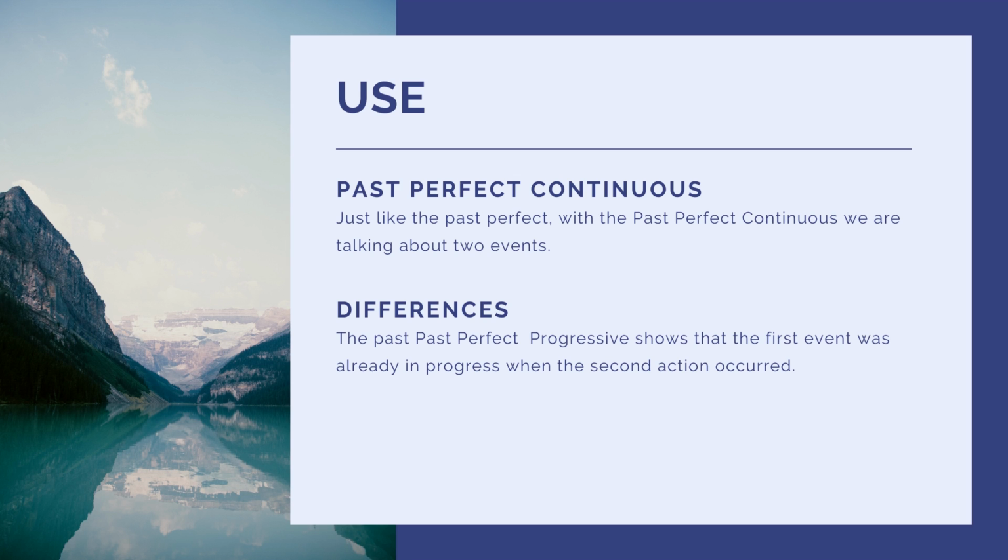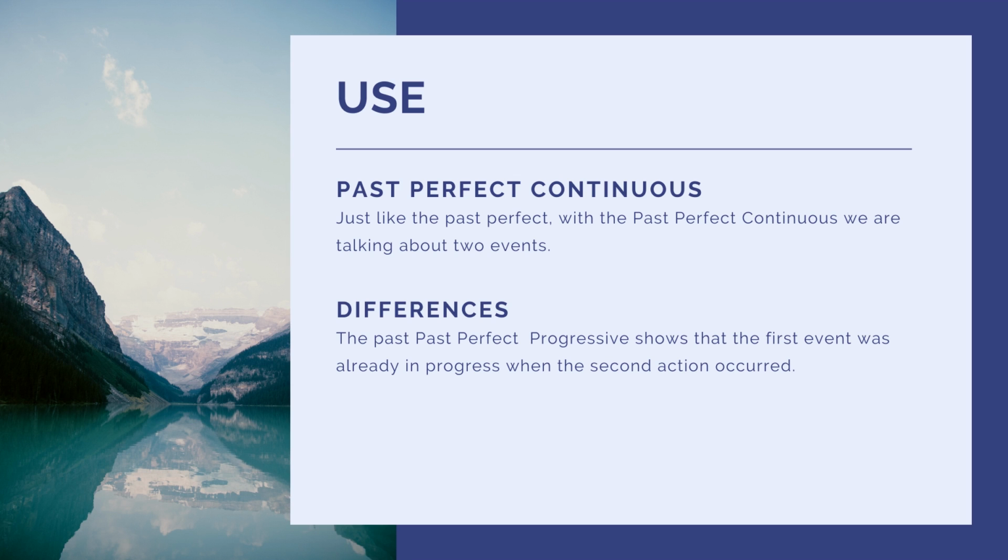And again, just like in the past perfect, we want to use the past perfect continuous to talk about the first event happening in time. So you could say that the past perfect and the past perfect continuous are kind of like the past of the past. That's how a lot of students understand the idea of the past perfect, just the past of the past.